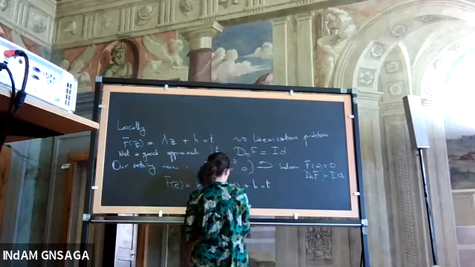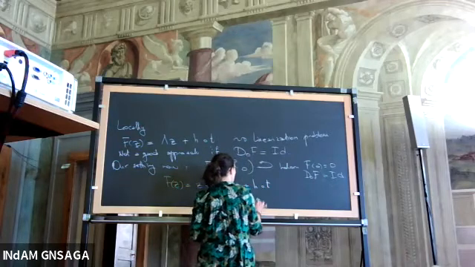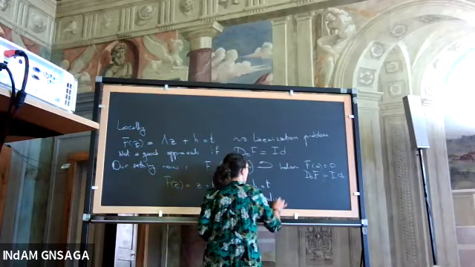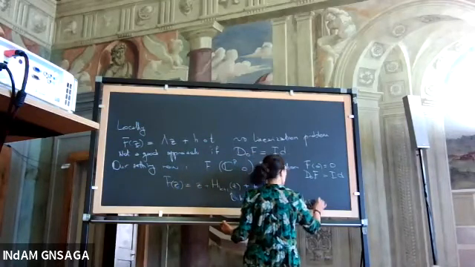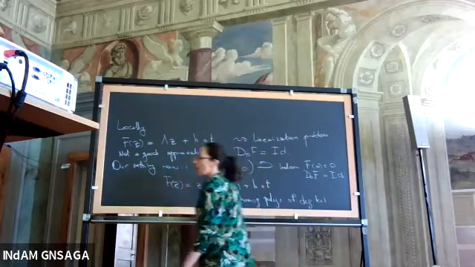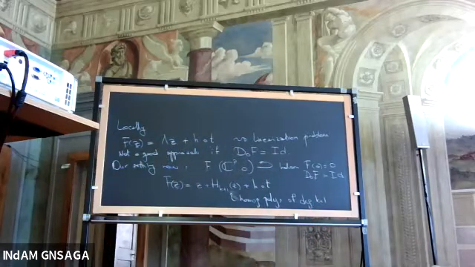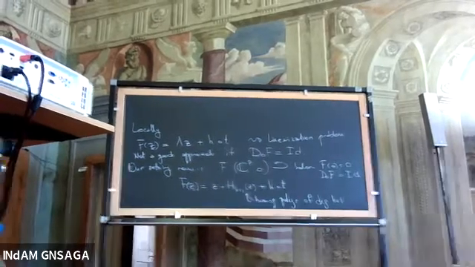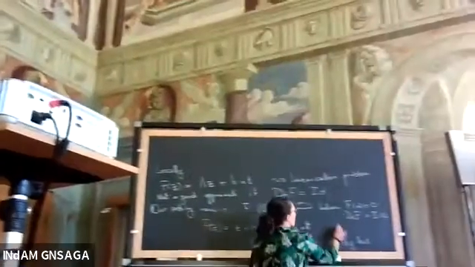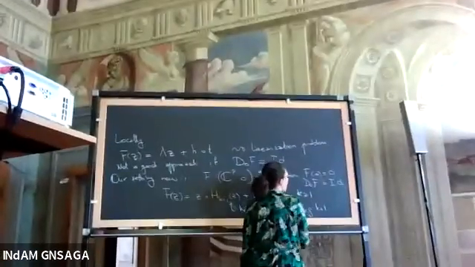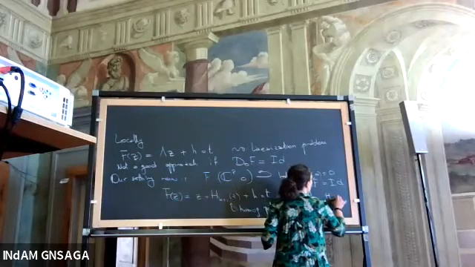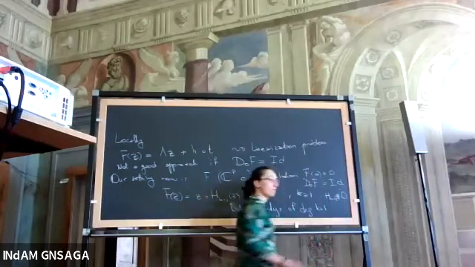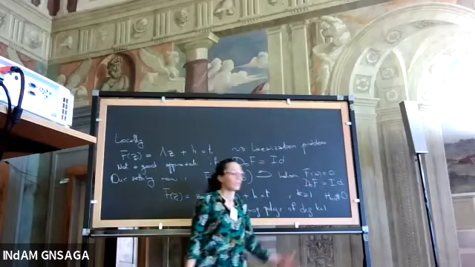Okay, so H_k is a homogeneous polynomial of degree k plus 1. I'm not consistent in my notation with this. And k, of course, is at least 1. And what I'm asking is that H_{k+1} is not 0. Okay, so it's not trivial.